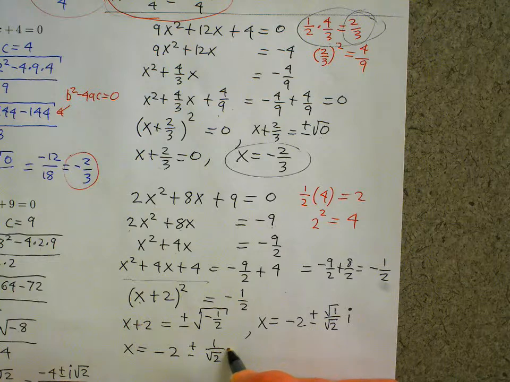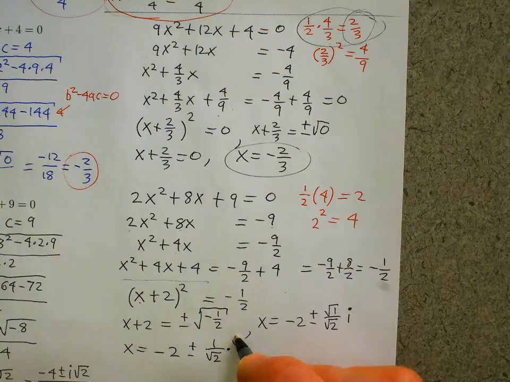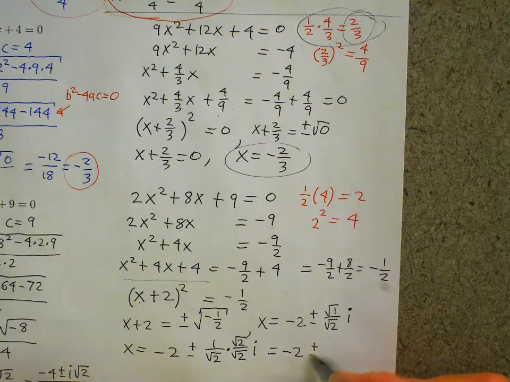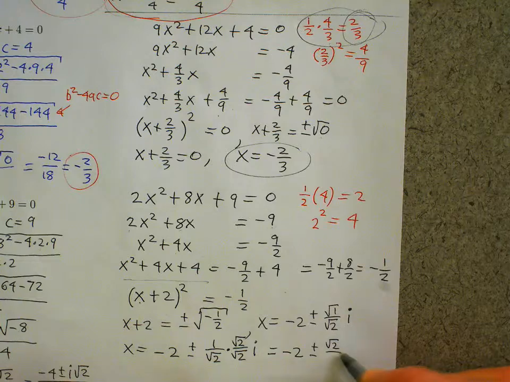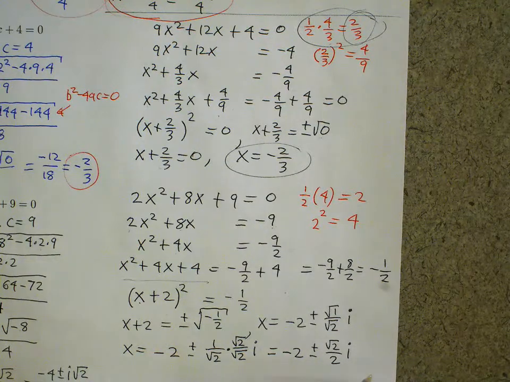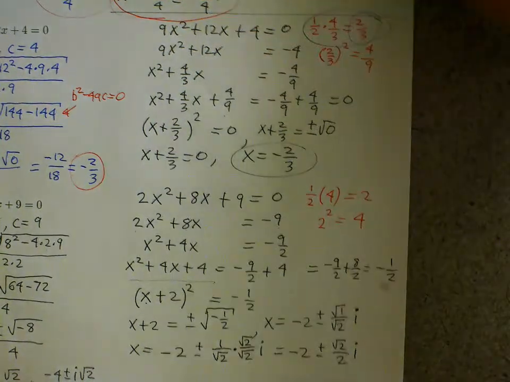To rationalize the denominator, we multiply by 1 in the form square root of 2 over the square root of 2, and then times i. And this part simplifies to negative 2 plus and minus the square root of 2 over 2 times i. This is equivalent to the answer we got using the quadratic formula.